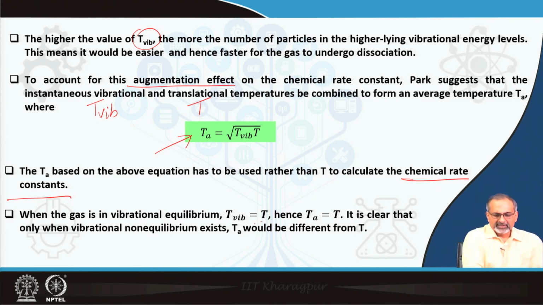And when the gas is in vibrational equilibrium, you have a situation like this, and hence the average temperature gives you back the translational temperature, and when it is not, then T A of course produces a different value. So, this was Park's model, which is a very important one in this context.